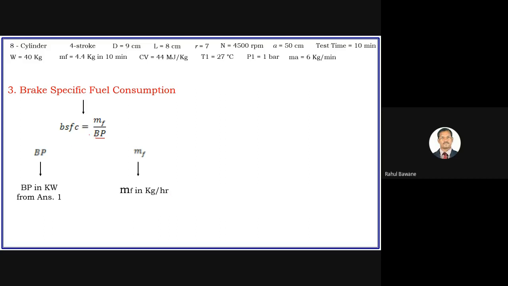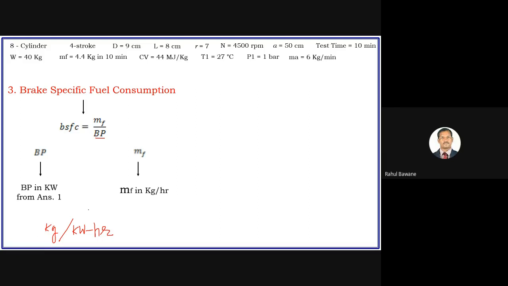That is well known. But what is the unit of brake specific fuel consumption? So remember, brake specific fuel consumption unit is calculated in kg per kilowatt hour.